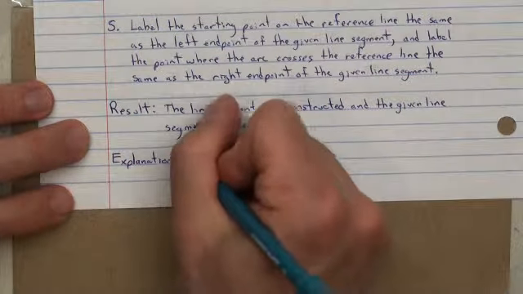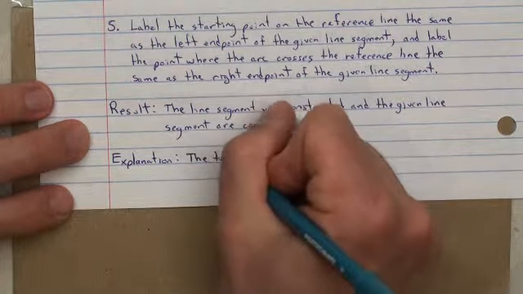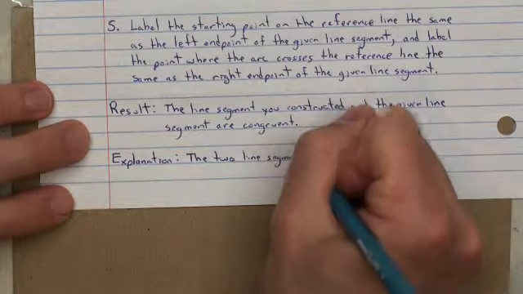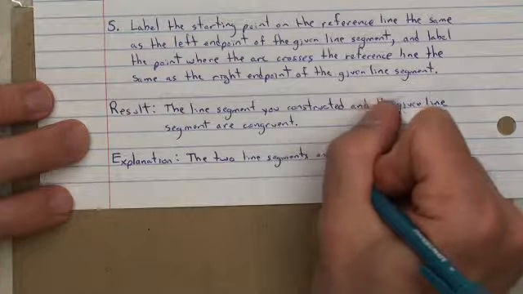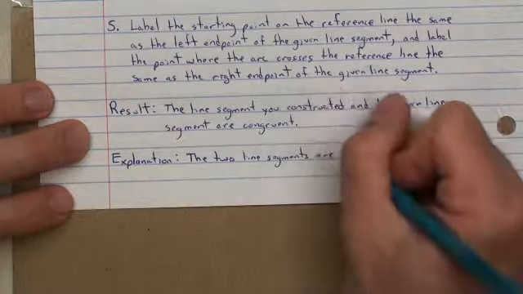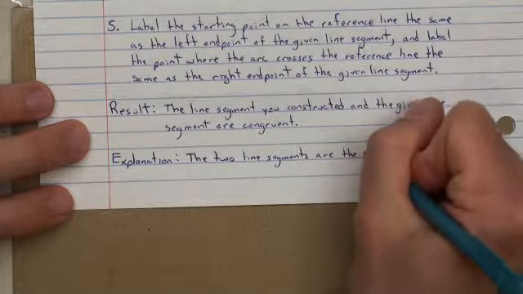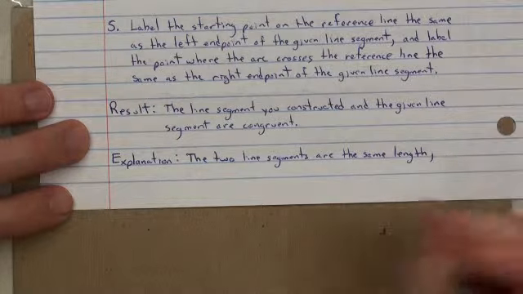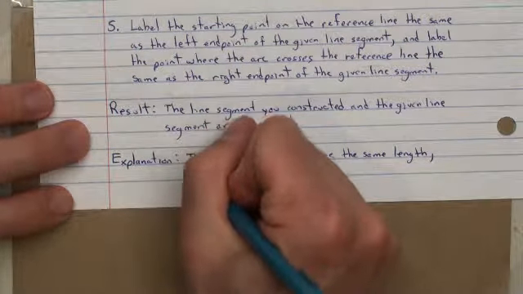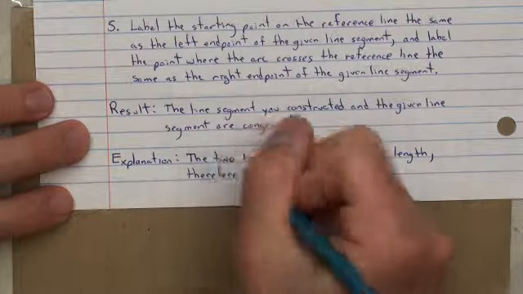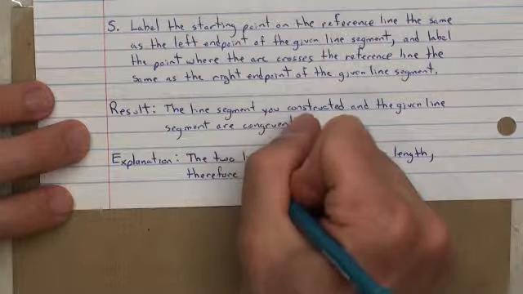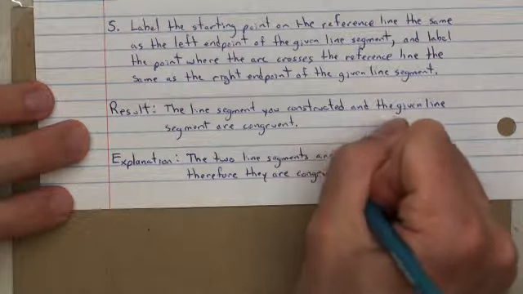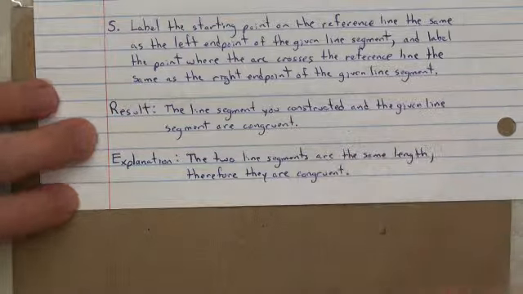The two line segments are the same length. Therefore, they are congruent. Okay?